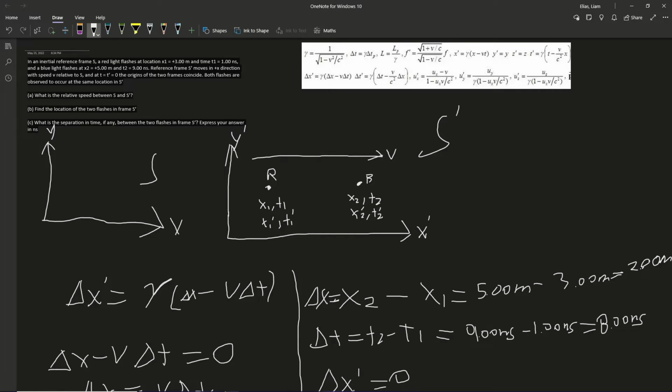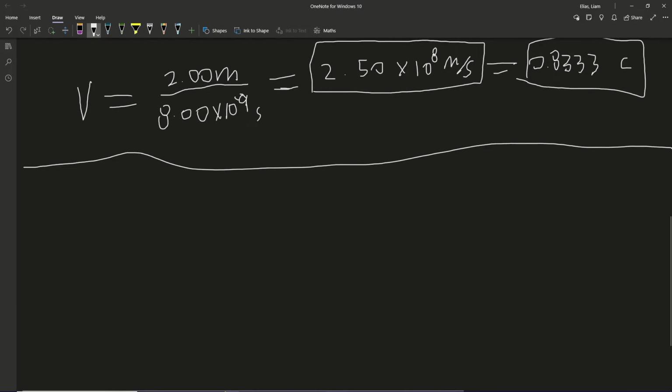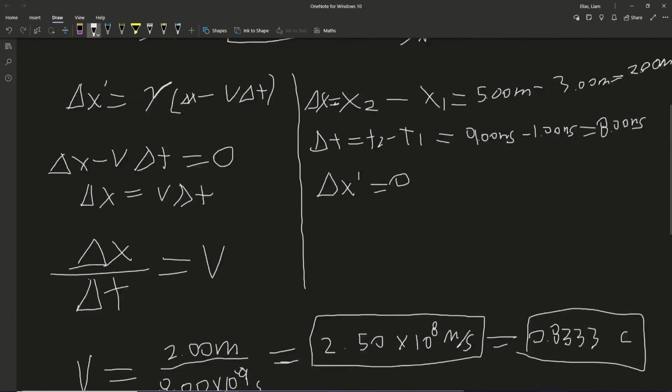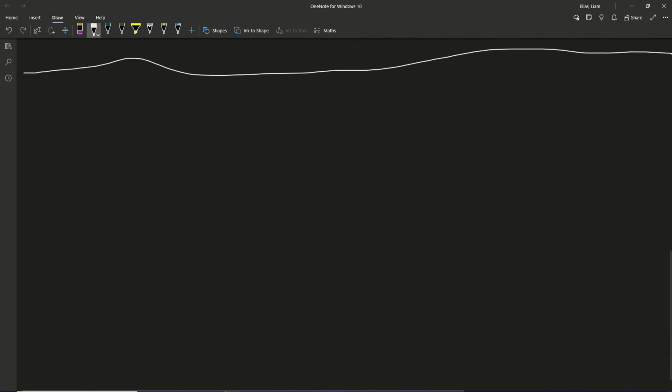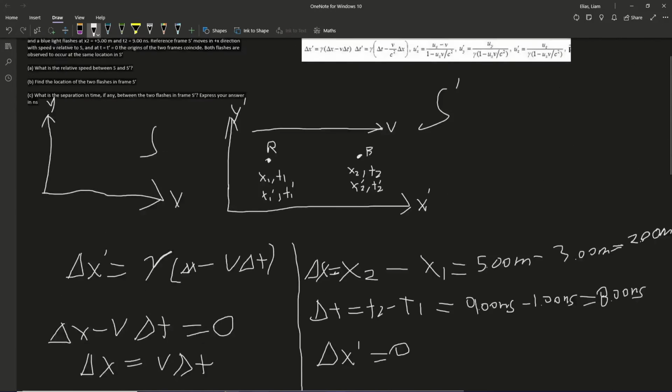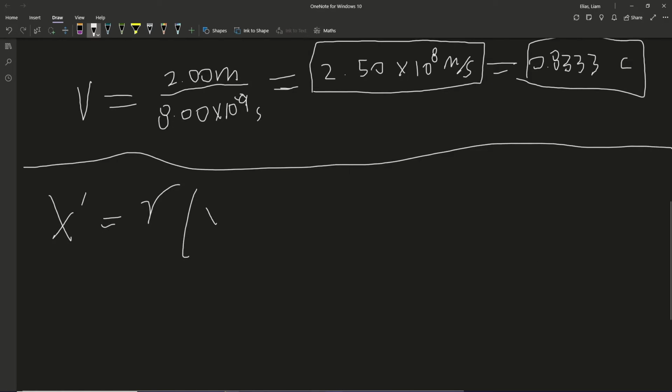Sorry if that was a bit long-winded of an explanation. I'm still kind of getting used to this. So I'll just write down our formula here. We have x prime is equal to lambda times x minus vt.